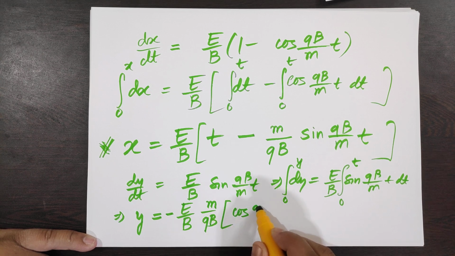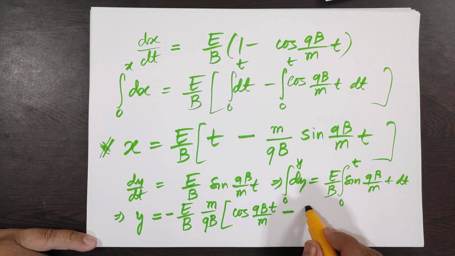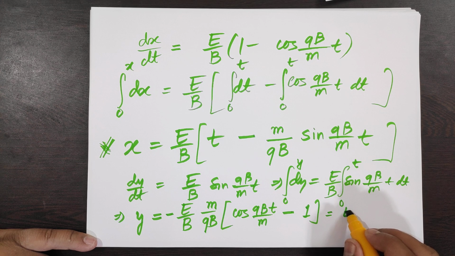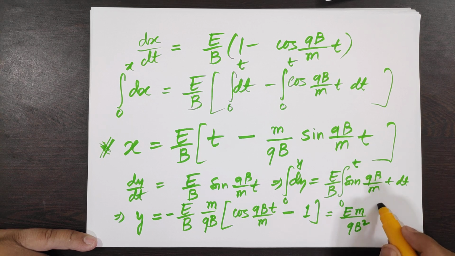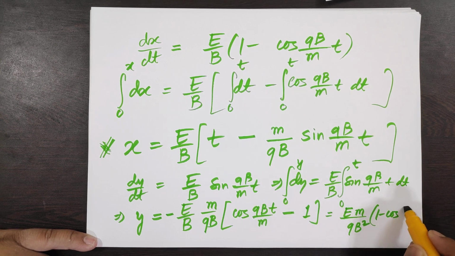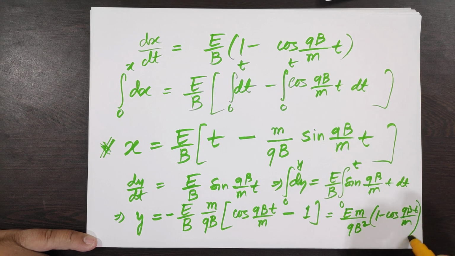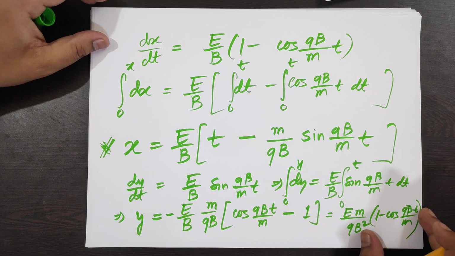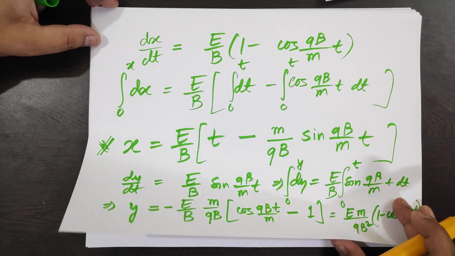Okay, so cosine qBt by m minus cosine 0, that's 1. So here you get Em by qB squared multiplied by 1 minus cosine qBt by m. So that is not an issue. Once you find out Vx and Vy, you can find out x and y.